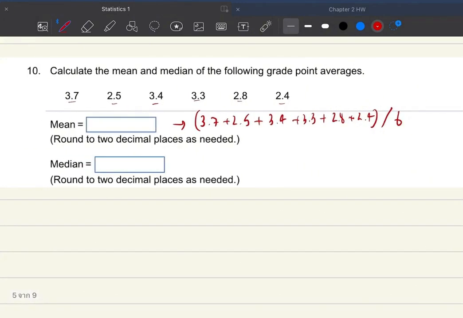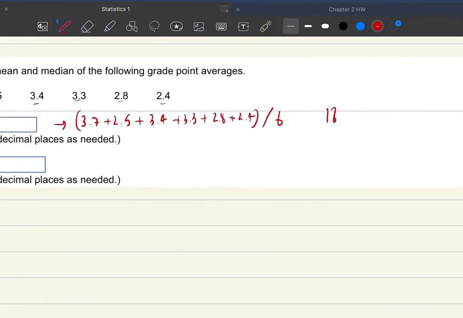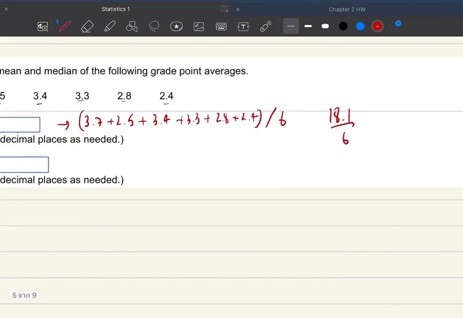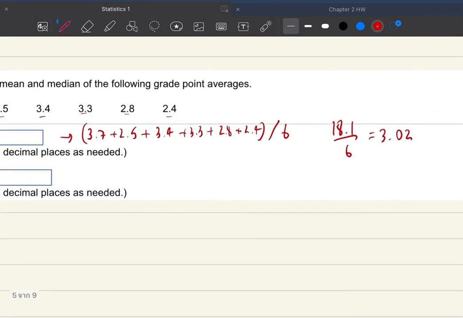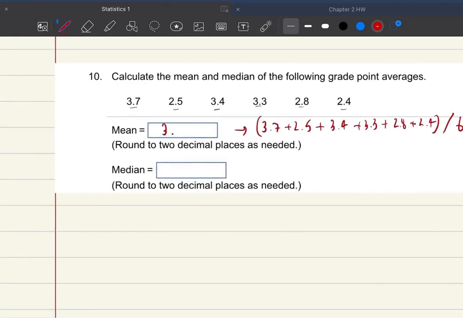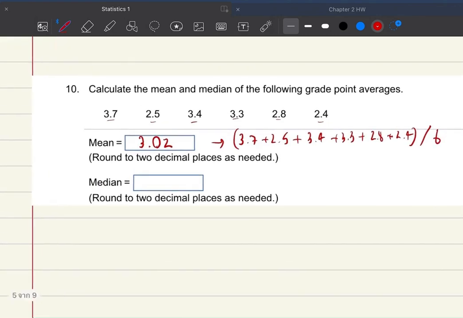This will equal 18.1 divided by 6, which is equal to 3.02. The next one is the median.